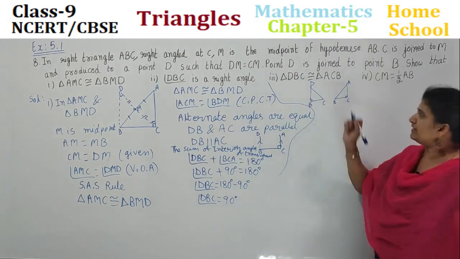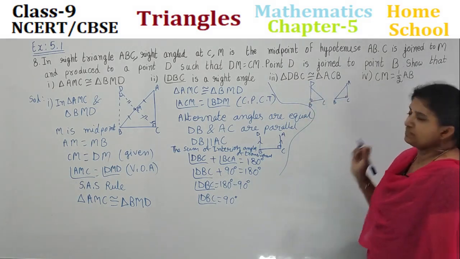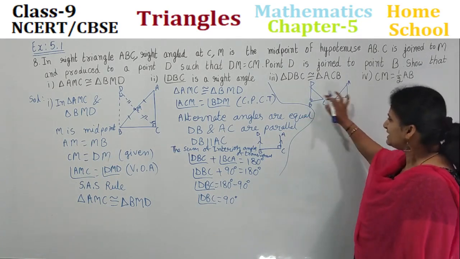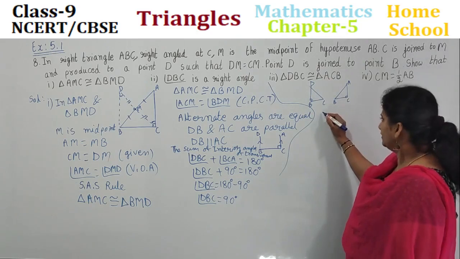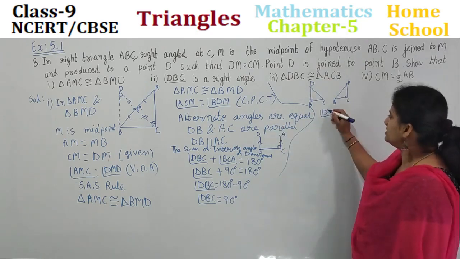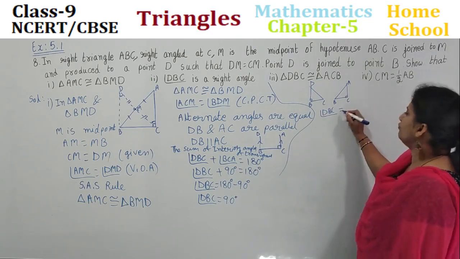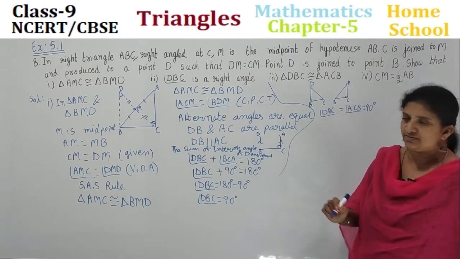Now compare these two triangles, DBC and ACB. I need to prove them congruent. As in the previous case, I was able to prove this angle is also 90. Therefore, angle DBC is equal to angle ACB, equal to 90 degrees.